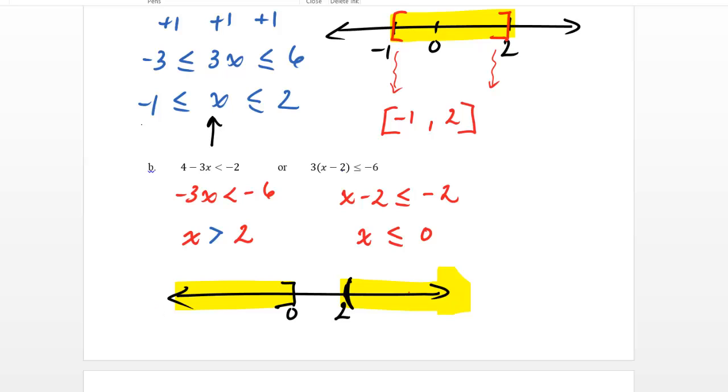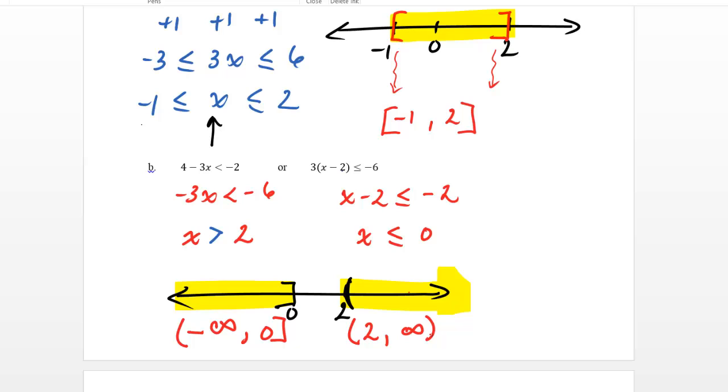Now, because we don't have a bounded interval, we have two separate solutions, and we have to write it that way. So I can use the graph as a nice visual to write my solution set in interval notation. I have an open interval here with negative infinity to 0, with a closed bracket at 0, and then an open one with the 2 and positive infinity.